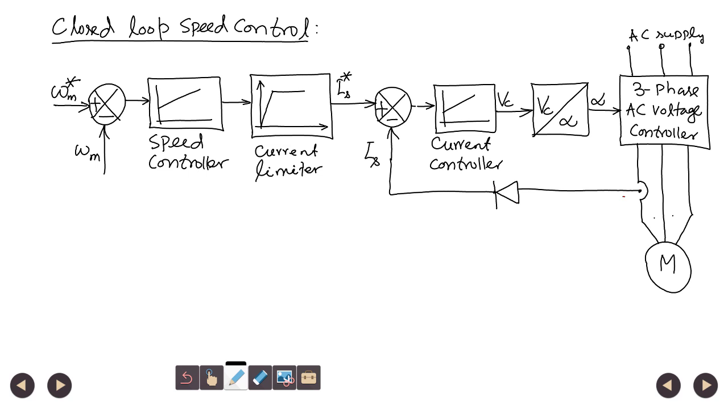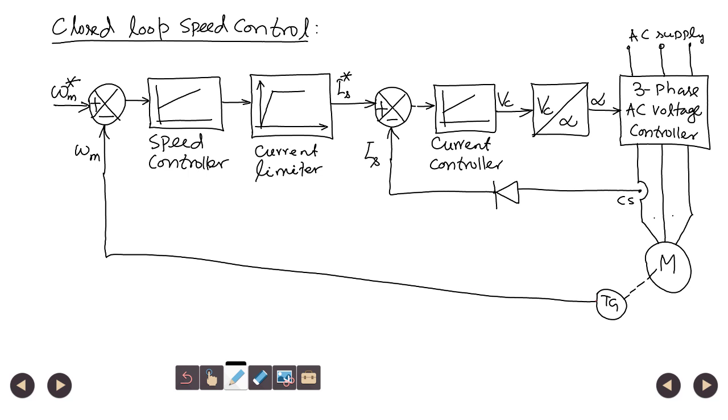This is the current sensor, and this is the diode to block current in the reverse direction, and current feedback is taken. And this is the tacho generator for speed feedback. And this is the closed loop speed control scheme.